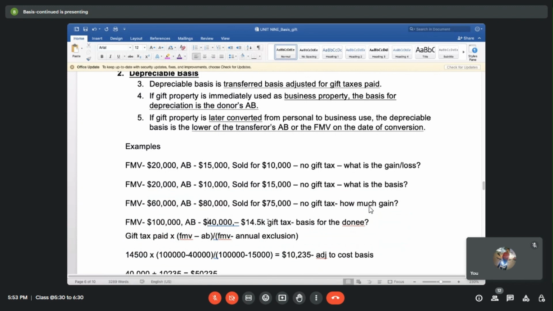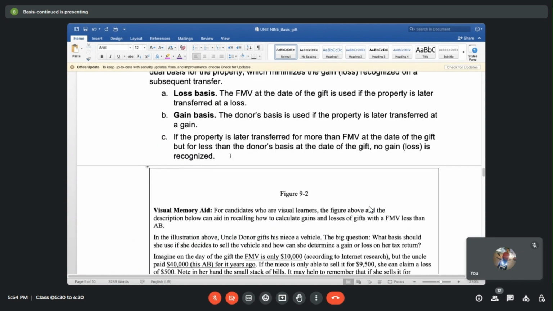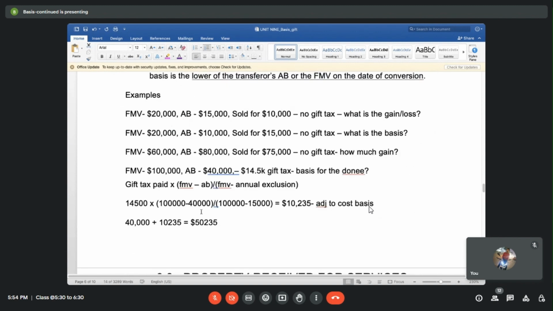Forget about the gift tax and all. Here FMV is $100,000, basis is $40,000. Later, let's say it gets sold for 60,000. The donor's basis is used if the property is transferred at a gain. In this example, we assume that the property is getting sold for 60.